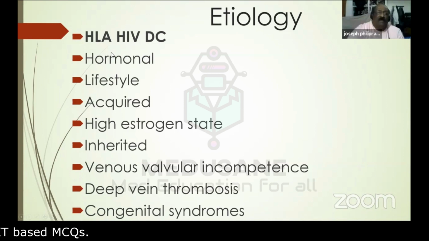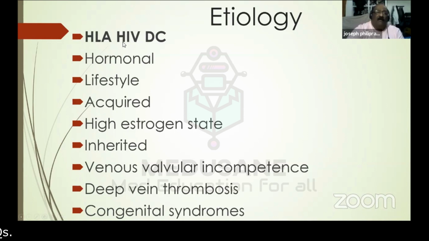People who are long-standing, like a teacher or a postman, whose work itself involves standing for longer duration, will develop it. And the A is acquired varicose veins. So it can be congenital or it can be acquired. So HLA is hormonal, lifestyle, and acquired varicose veins.